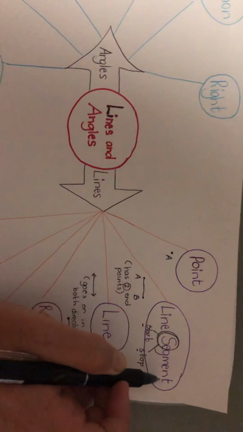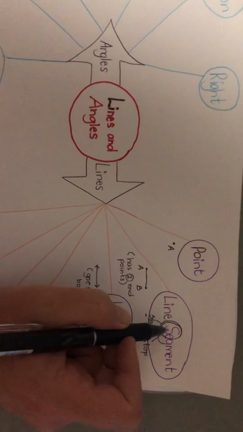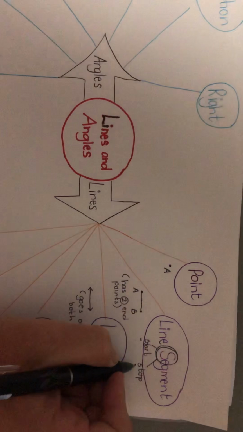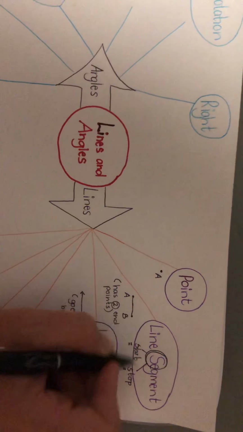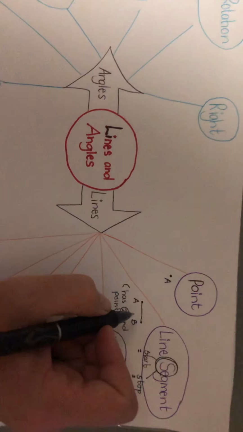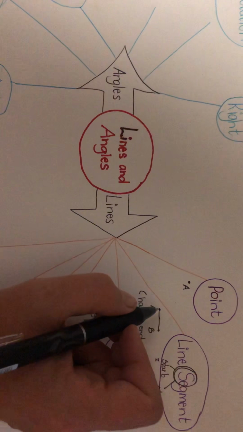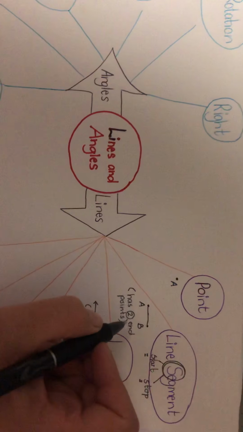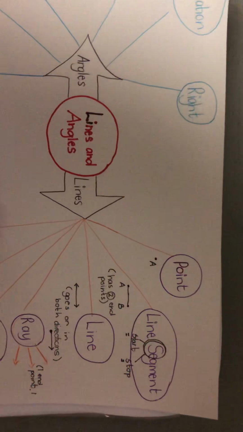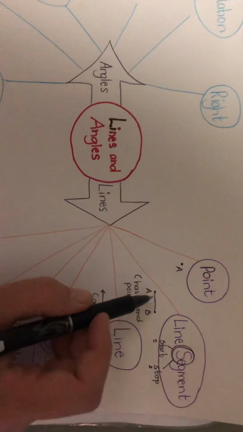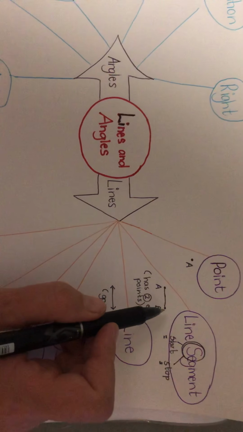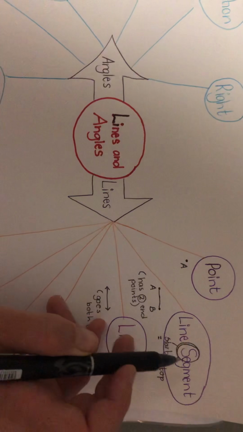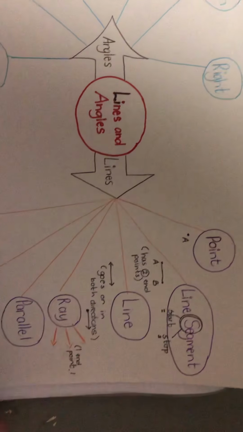The S stands for start and stop, which means that a line segment starts and it stops. In other words, it has two end points: a starting point and a very definite stopping point. That's how I remember it with the S.